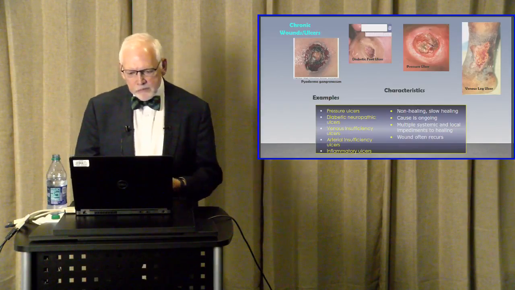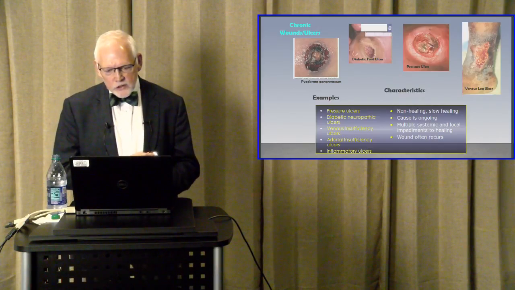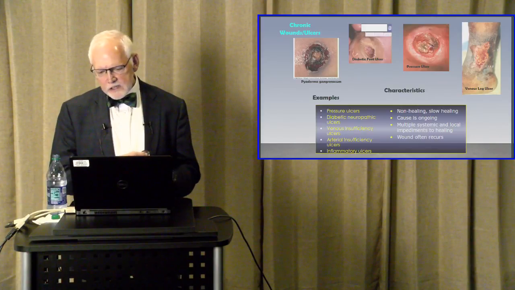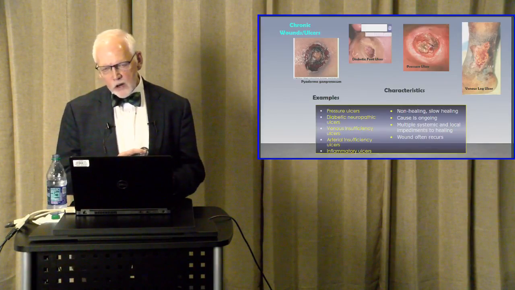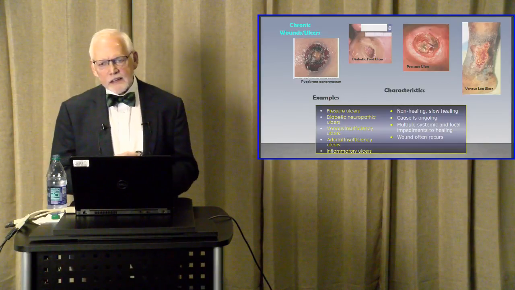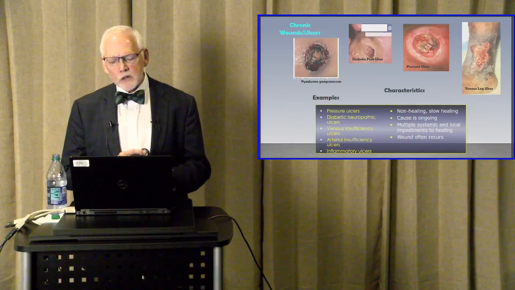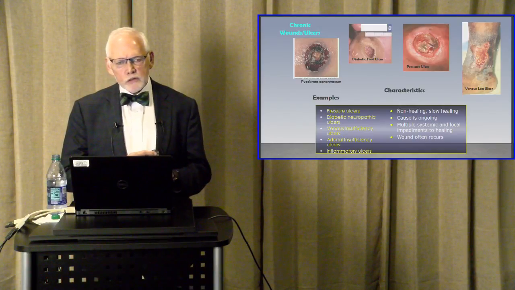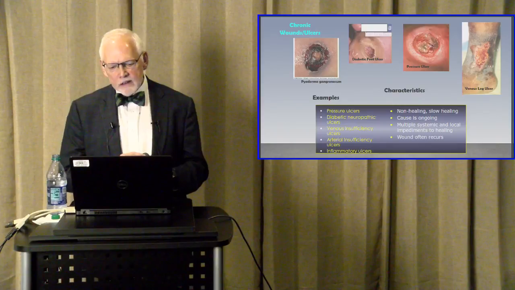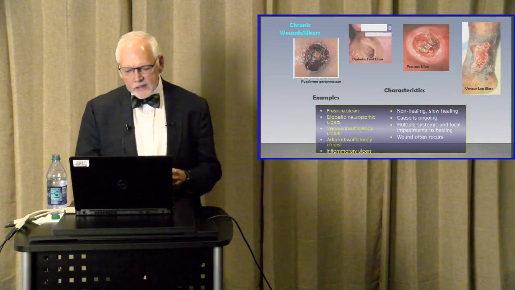You see some examples of chronic ulcers and some characteristics down below. They're non-healing or slow to heal. We think about the normal healing process as being over the course of maybe 4 to 6 weeks, depending upon the size of the wound. I'm going to run you through a real rapid course in normal wound healing in just a second.